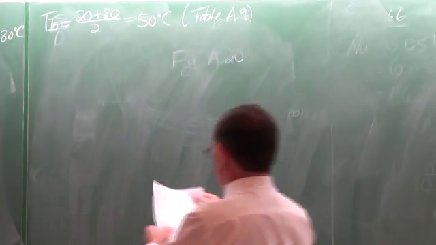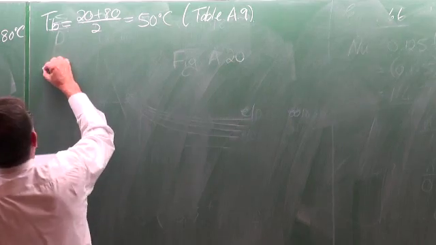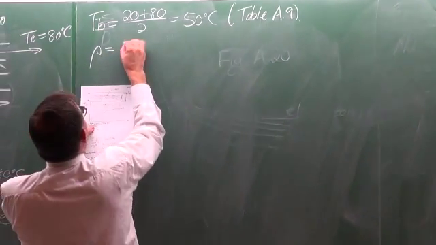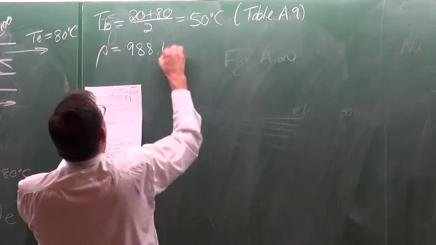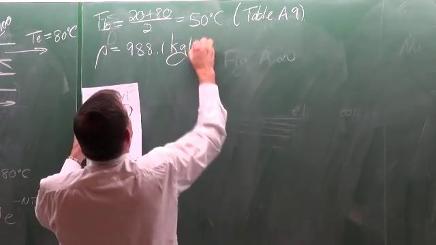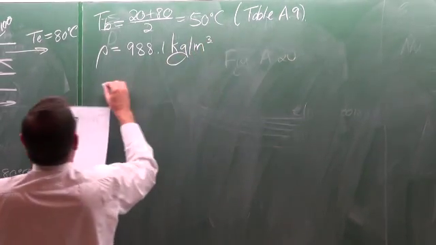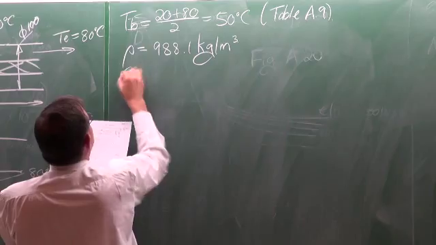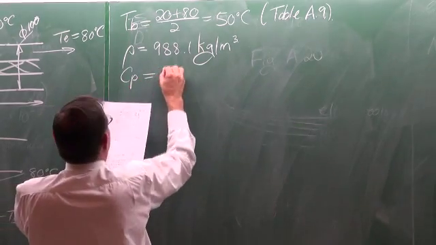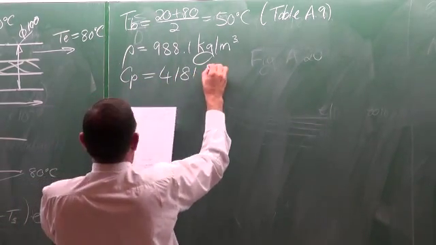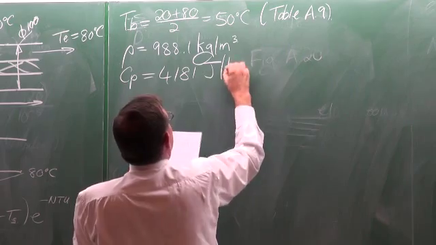Okay. So at 50 degrees Celsius, the density is known as 988.1 kilograms per cubic meter. Cp is equal to 4181 joules per kilogram Kelvin.